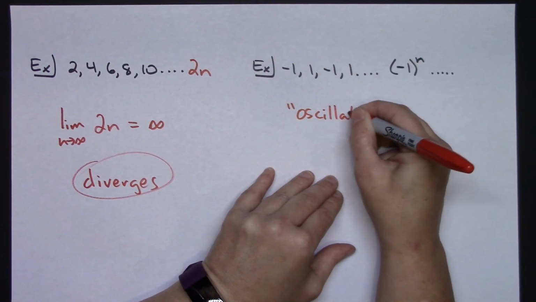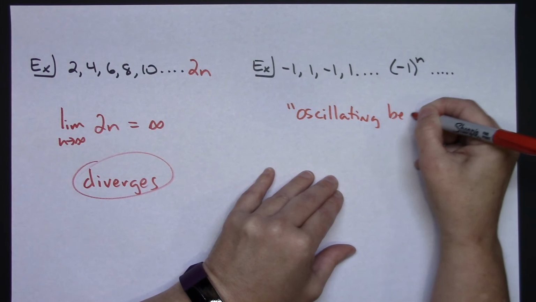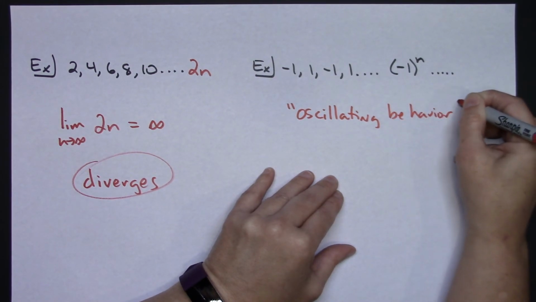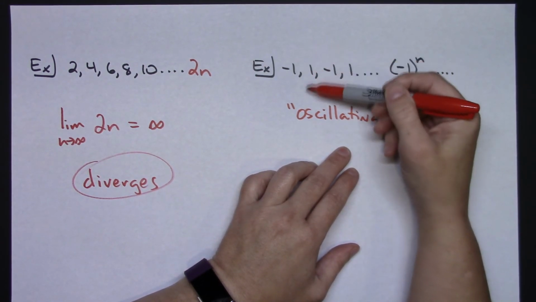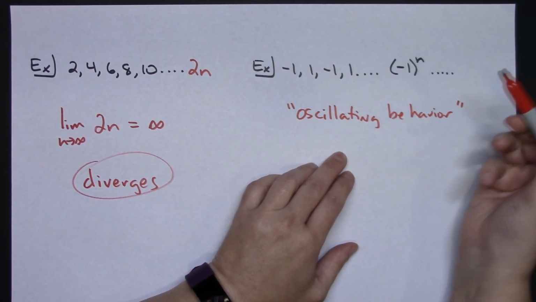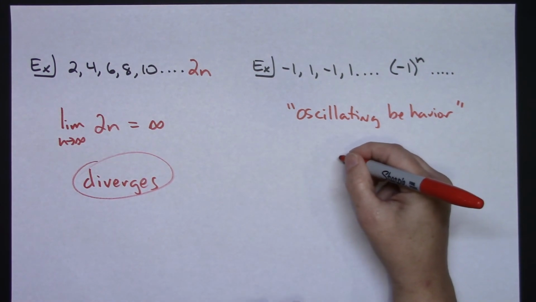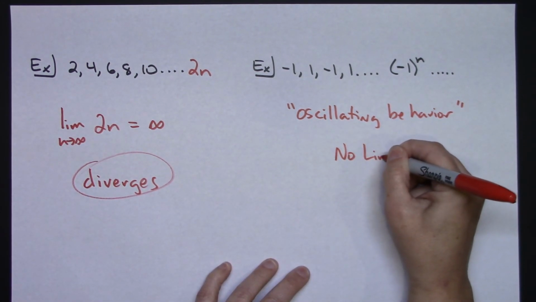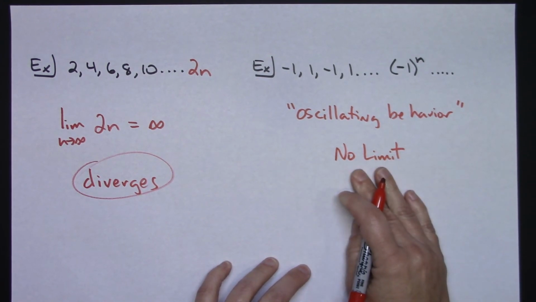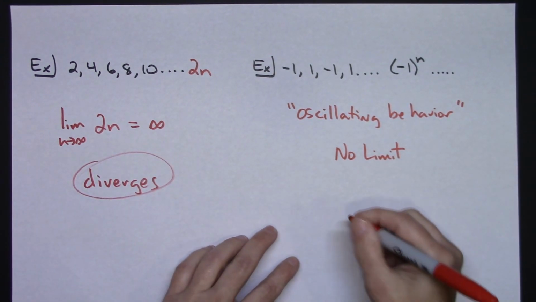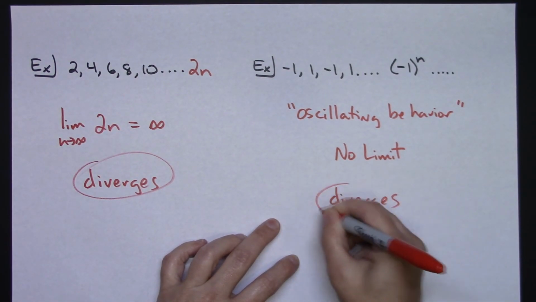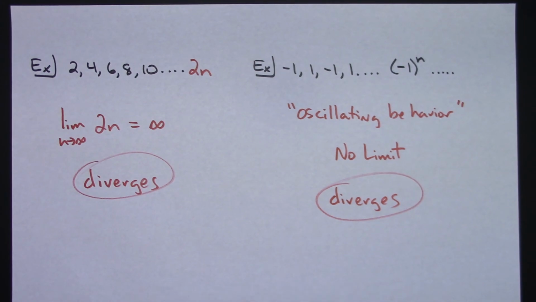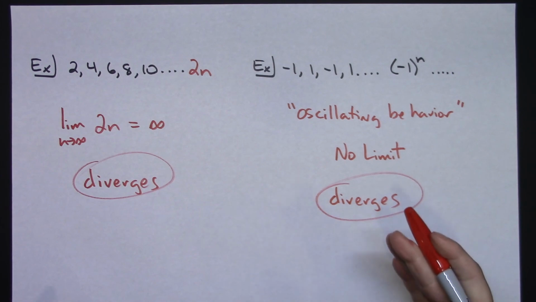When it does that, there is no limit, because all it's doing is bouncing back and forth between those two numbers, and therefore I cannot calculate the limit. Now if I have no limit, or it's an infinite limit, either one, my sequence is said to diverge. So this one diverges.